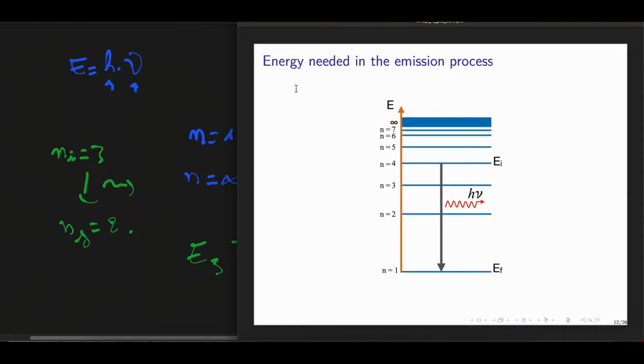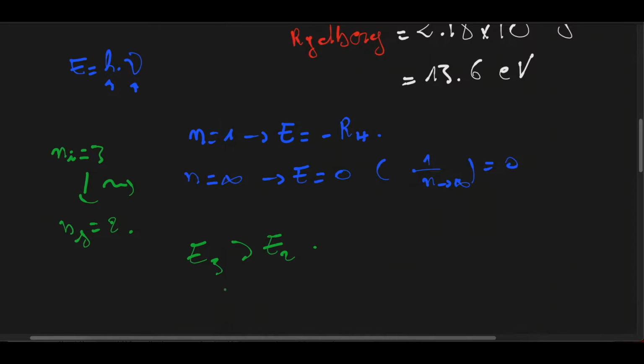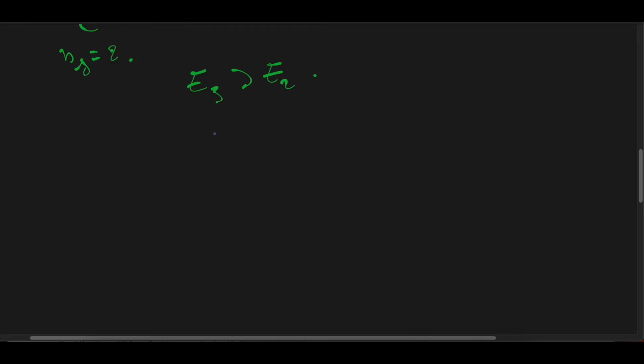Now let's talk about the energy needed in this emission process. As the electron moves between two different orbits, we have a difference in energy, delta E, that is equal to the final energy minus the initial energy. The final energy corresponds to the final n, and the initial energy corresponds to the initial n, or the number of the orbit.